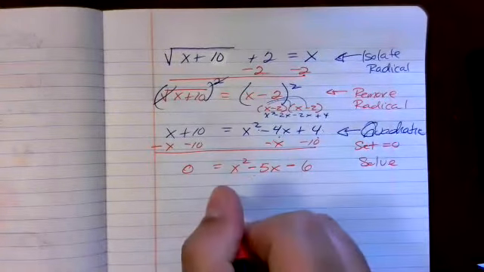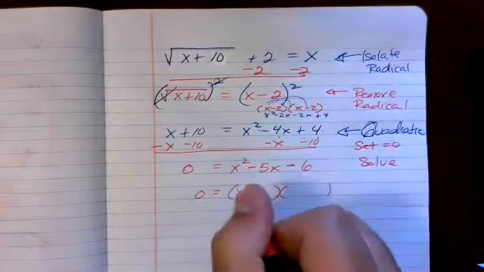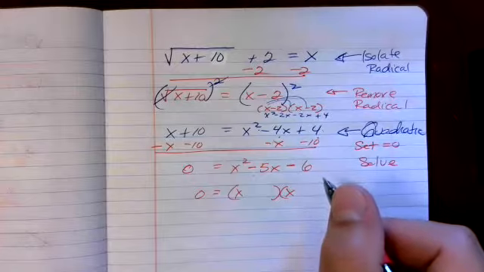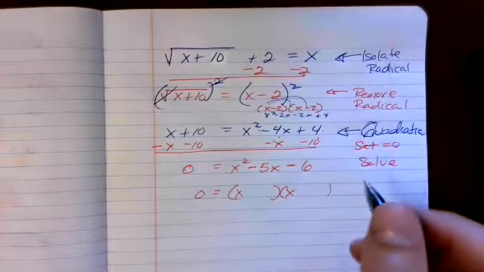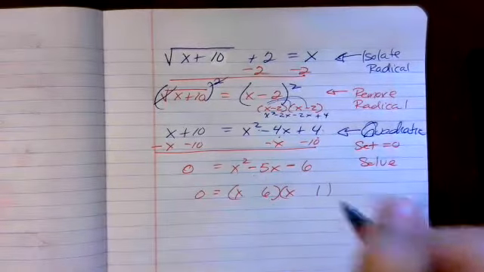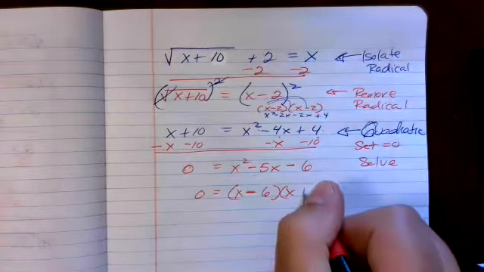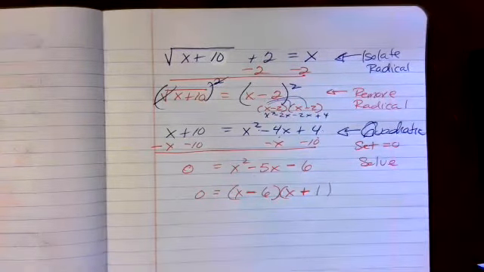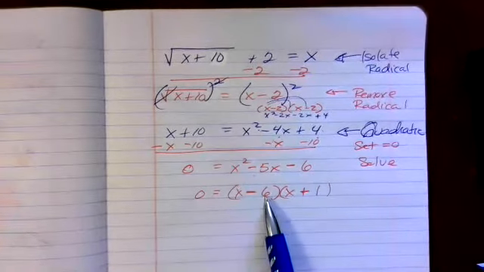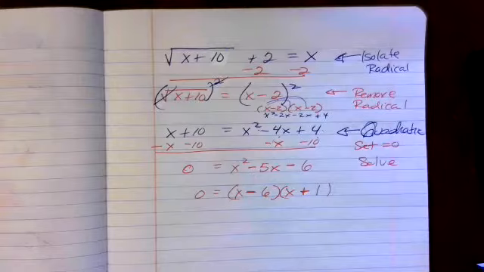It's in standard form. I could factor it. X times x gives me x squared. I have 6 and 1 or 3 and 2. I'm going to go with 6 and 1 because I know a negative 6 and a positive 1 will multiply to a negative 6, and the inners and outers will add to negative 5.